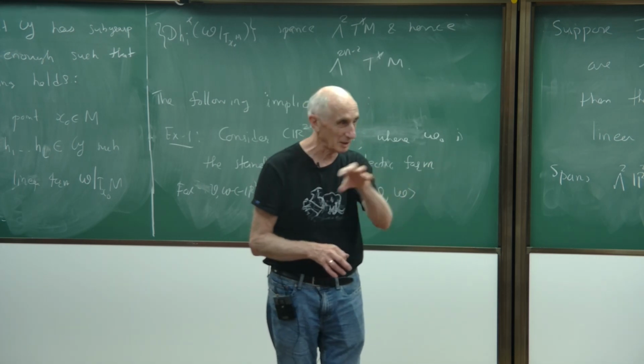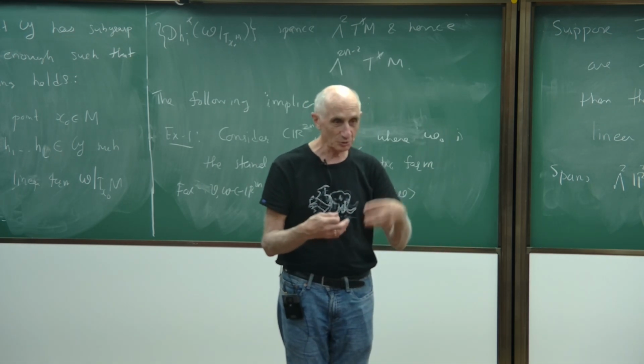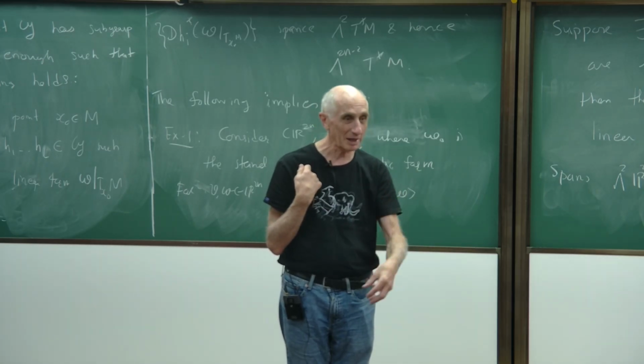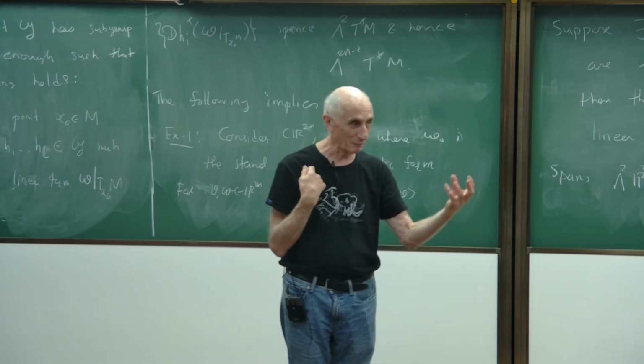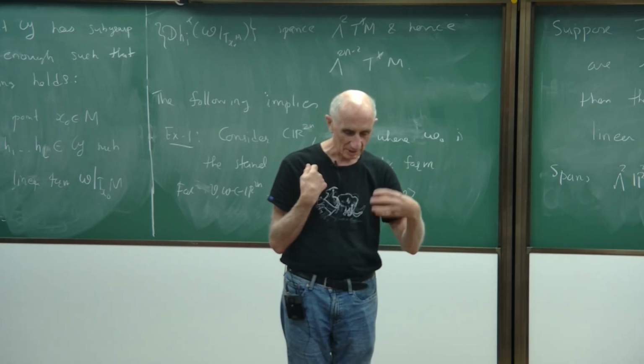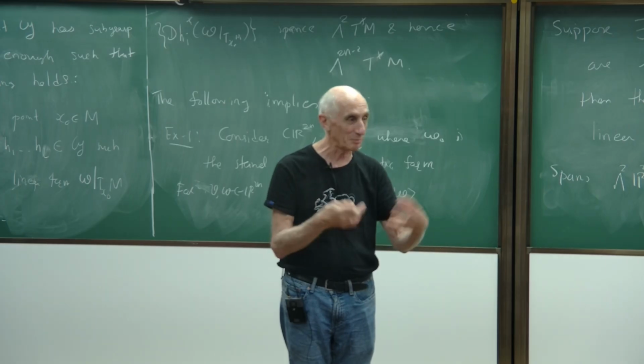So they didn't know that what they proved implies, via the Gromov alternative, that the group of symplectomorphisms is C0 closed.